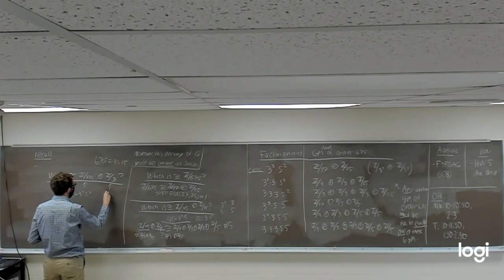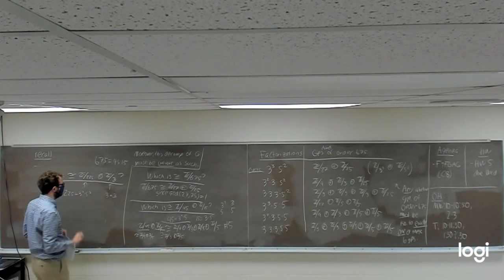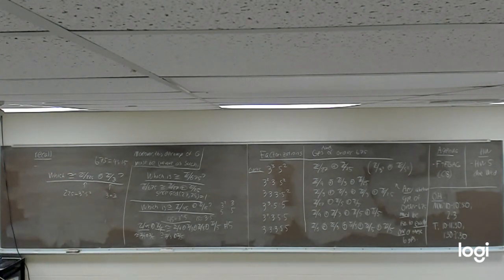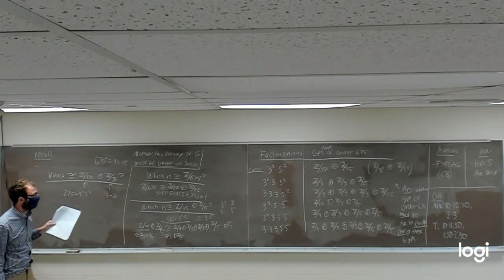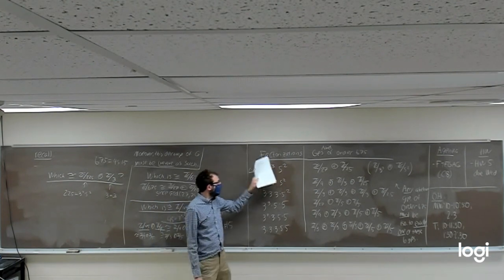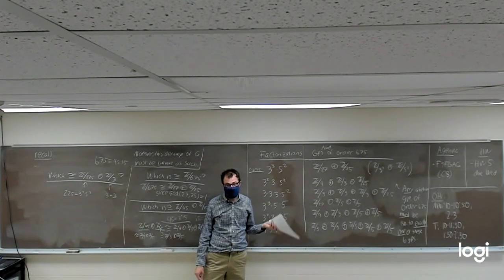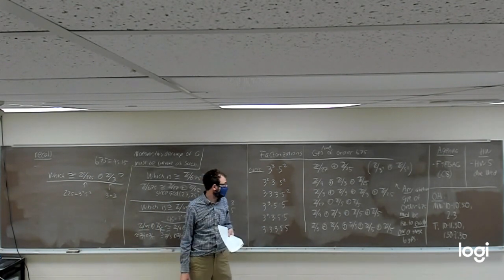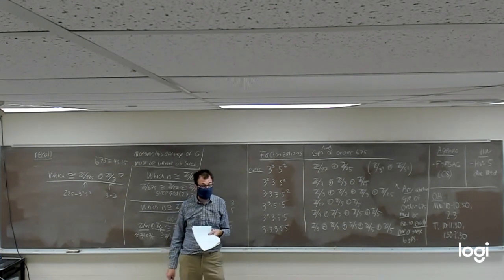This thing is, well, just 3. So we need a group in our list that has a 3 squared term, a 5 squared term, and a 3 term. Which one of the 6 groups in our list is going to have a 3 squared term, a 5 squared term, and a 3?